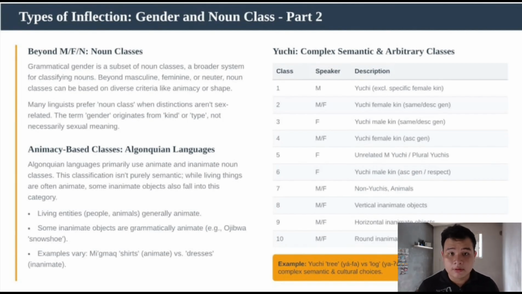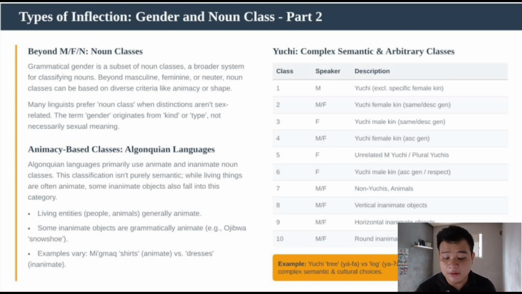Okay, so right now is my part of the presentation, and in this slide I will talk about gender and noun classes. So noun classes are systems used by languages to group nouns into categories. These categories help speakers understand how nouns behave in grammar, how they are referenced, and how they agree with verbs or adjectives.